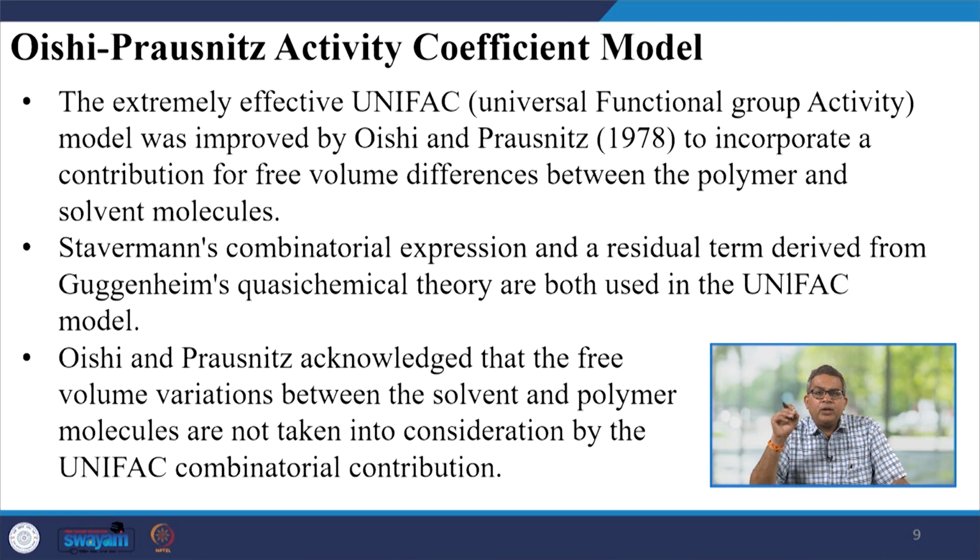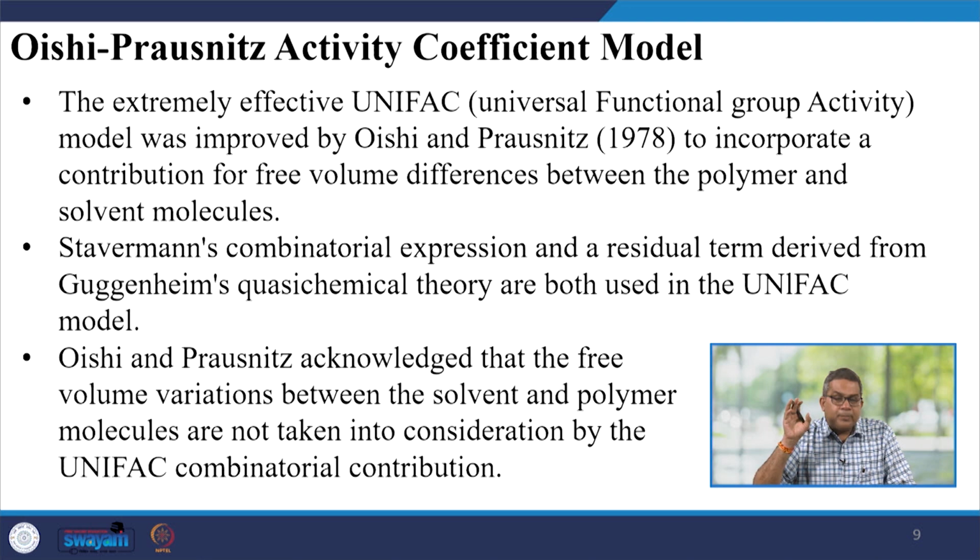Now the extremely effective UNIFAC model, that is the universal functional group activity coefficient model, was improved by Oishi and Prausnitz in 1978 to incorporate a contribution for free volume differences between the polymer and solvent molecule.